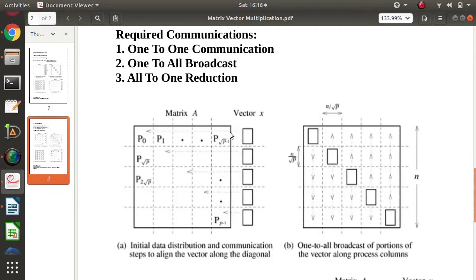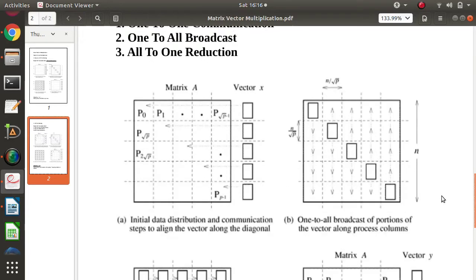This process will share its value to this process, and this value is shared to this process. Here you can see, diagonally. Every process is holding one element from this matrix.